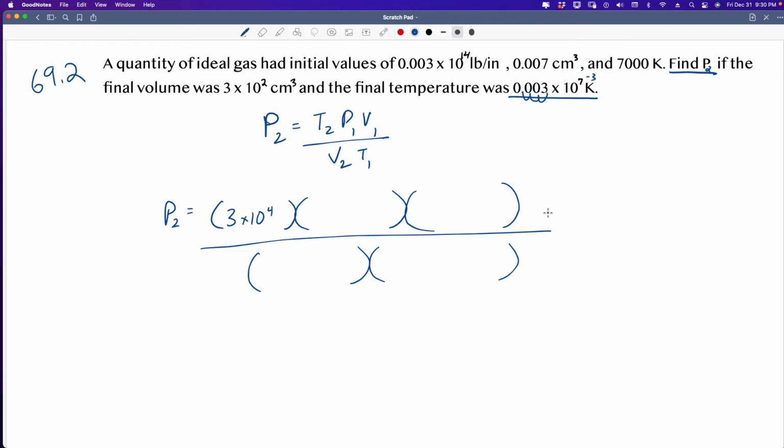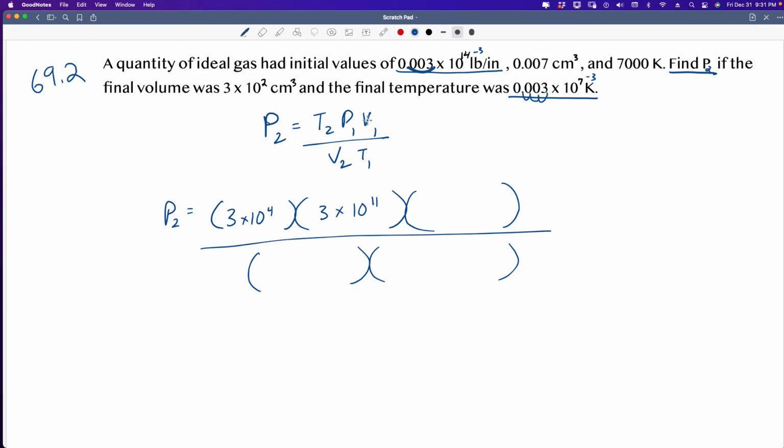All right, so let's do the original pressure. Pounds per square inch, or pounds per inch, that is pressure. So this is the original pressure. So again, 1, 2, 3, so it's going to be minus 3, right? So 3 times 10 to the 11.